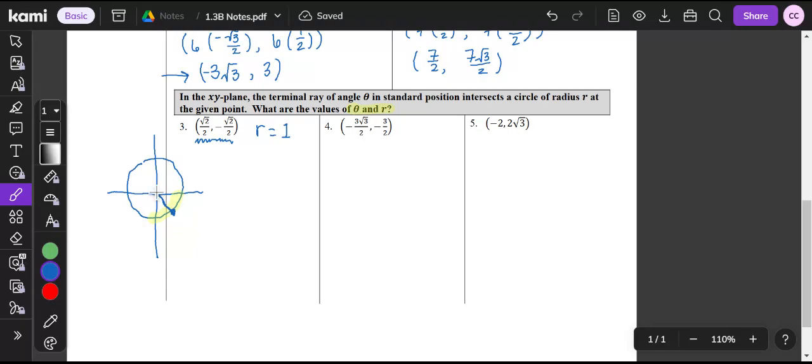All right, so if I think about what that is in radians, I've got pi over 4, 2 pi over 4, 3 pi over 4, 4 pi over 4, 5 pi over 4, 6 pi over 4, 7 pi over 4. So my theta value is 7 pi over 4.